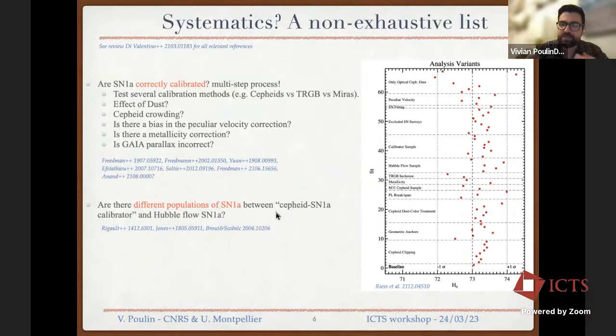And what has been put forward by notably Michael Rigault and collaborators of the Nearby Supernova Factory is that there could be a correlation between the local properties of star formation around the supernova and the luminosity of the supernova. What they have in mind is that there are two populations of supernovae, what they call prompt supernovae and delayed supernovae.